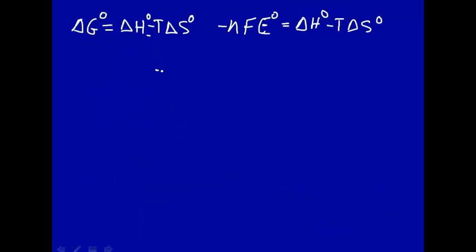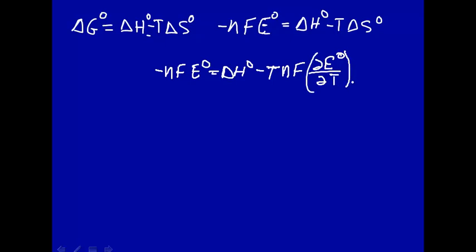So we have minus NFE0 equals delta H0 minus T, and substituting in what delta S0 was from the previous slide, NF times how E0 changes with temperature at constant pressure and number of moles. So what good is this? Well, I'll show you.